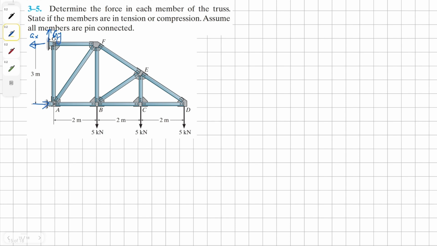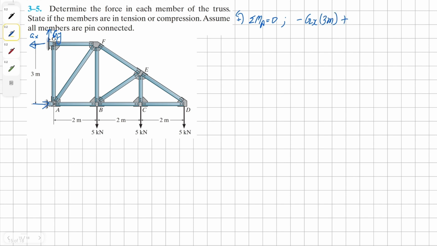We can do this either taking the moment at pin connection G or at the roller A. I'm going to take moment about the point A. We have counterclockwise Gx, and it's 3 meters away from the roller.